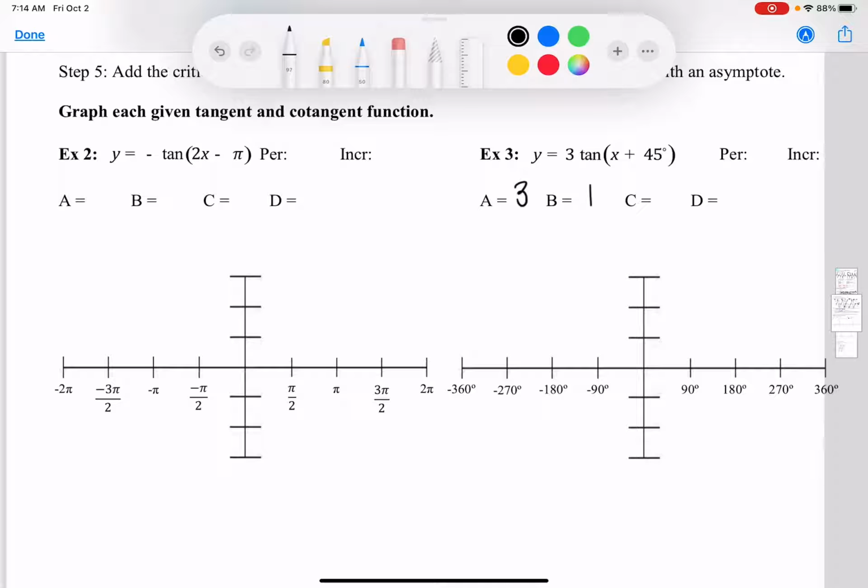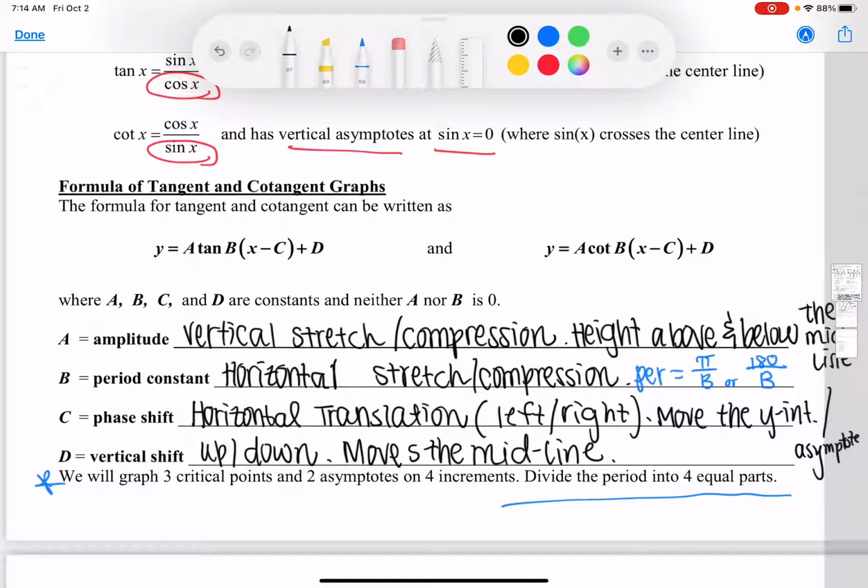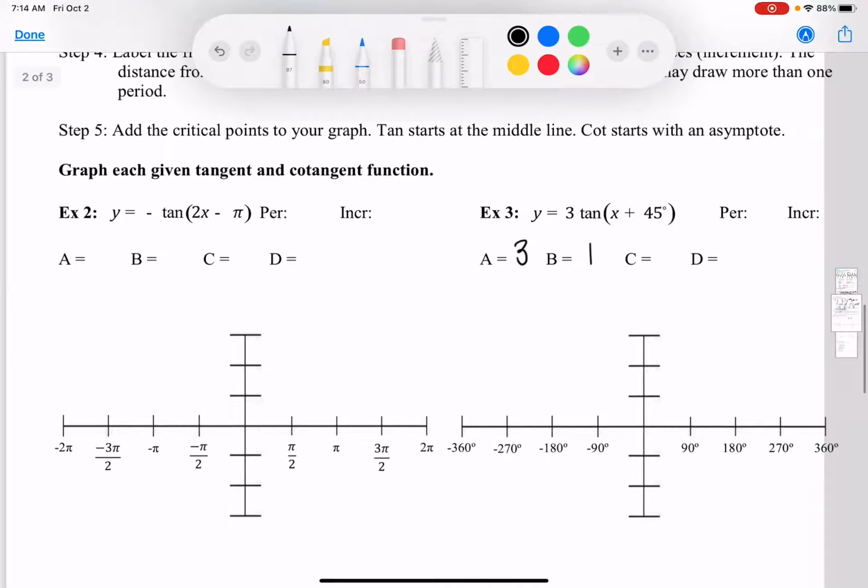Remember for C on the transformations, it's X minus C. So looking at this transformed function, it's minus C. Think opposite: if it's plus 45, C has to be negative 45 degrees. So that will shift our y-intercept. We're not adding or subtracting anything at the end, so D is 0.